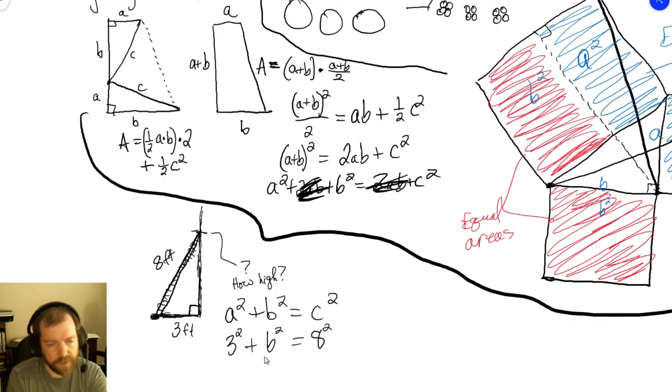Some people prefer to keep the variable as the first one and then leave the second one as your number. It doesn't really matter, as long as you're showing your work. So, yeah, we end up with 9 plus our b squared is going to be equal to 64. And my personal preference, I much prefer to subtract off from both sides.